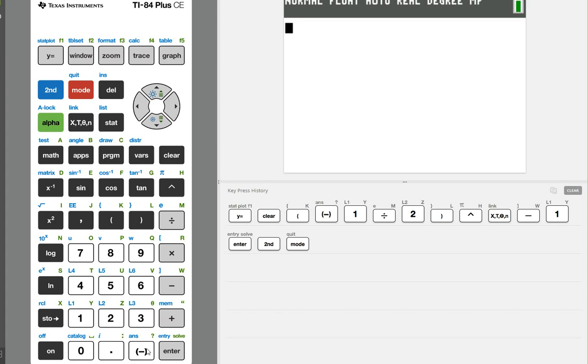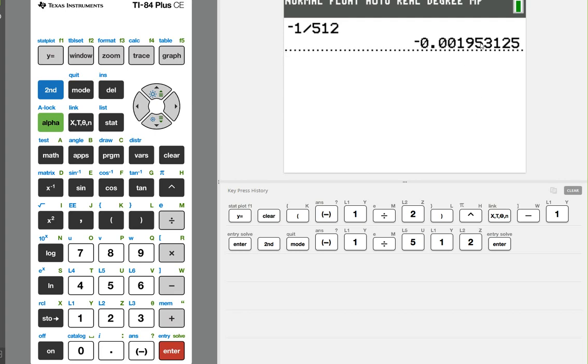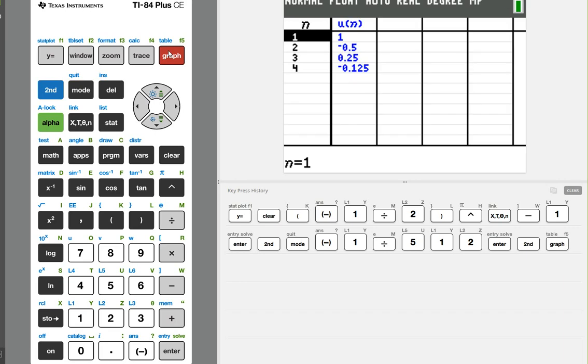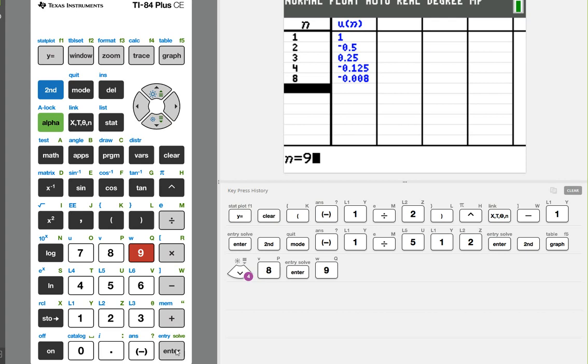What's that decimal look like? Negative 1 divided by 512. All right, it looks like that. Let's go to our table function and plug in some values. Now none of these look good. In fact, they don't even look close. So let me jump up to 8. Negative 0.008. Yeah, that's still not enough. 9.